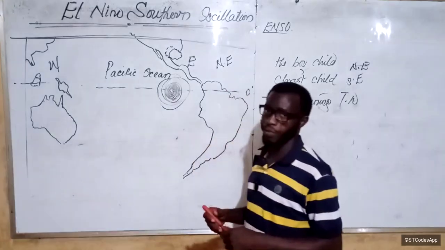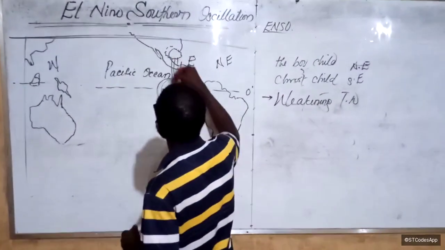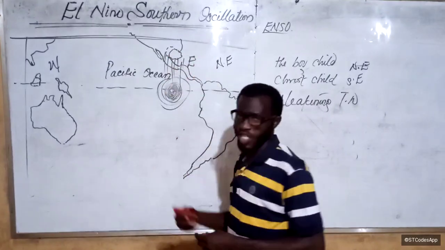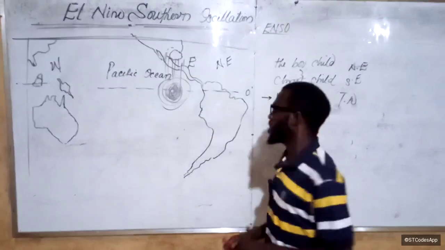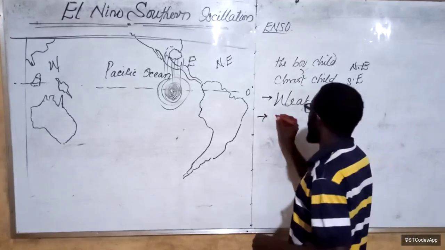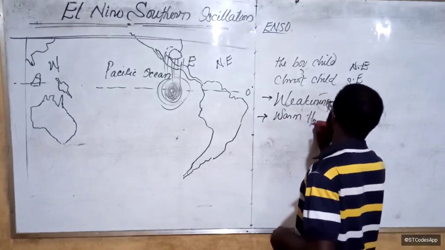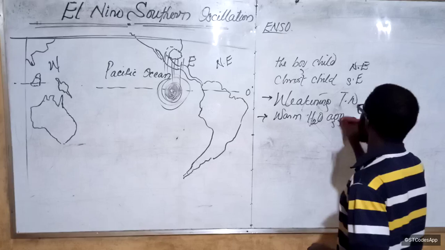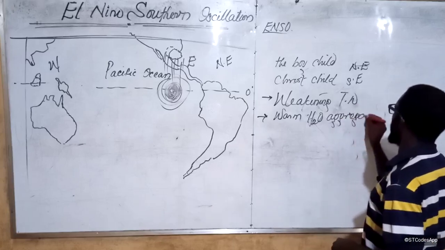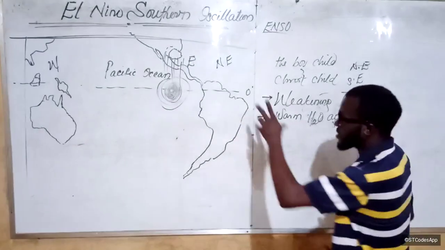And when cloud formation occurs, what happens? Precipitation, and in fact high precipitation. So in this region, high precipitation occurs. So we know that weakening of trade winds happens, then warm water accumulates at the eastern Pacific.